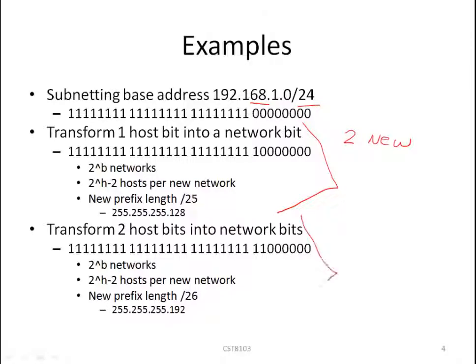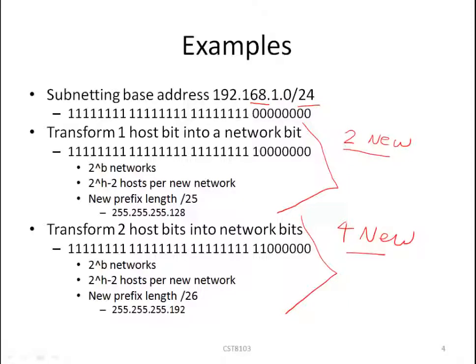In the second case, if we borrow 2 bits, we've created 4 new blocks. So in this one, 1 bit is 2 blocks. In this one, 2 bits is 4 new blocks.